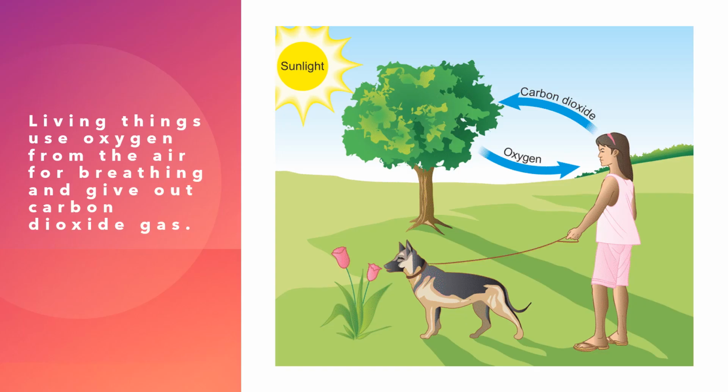Living things use oxygen from the air for breathing and give out carbon dioxide. All the living things, children, may be humans, animals or plants, they need oxygen from the air for breathing and they give out carbon dioxide.